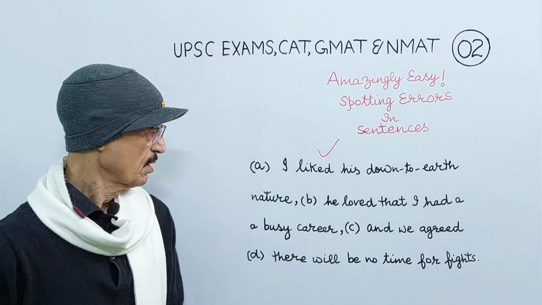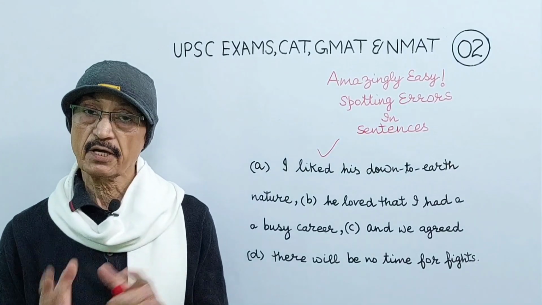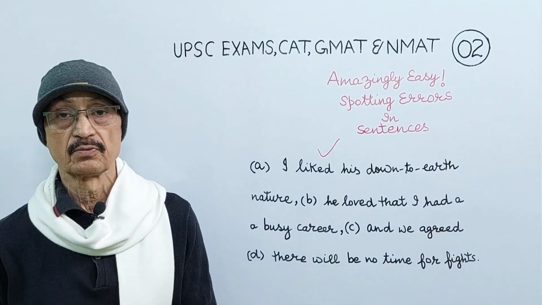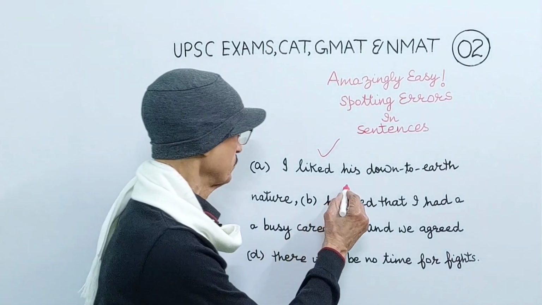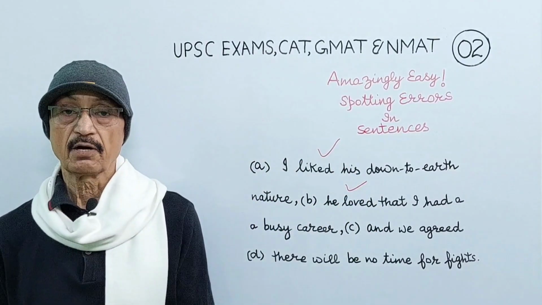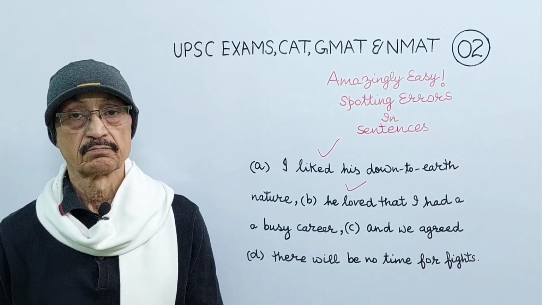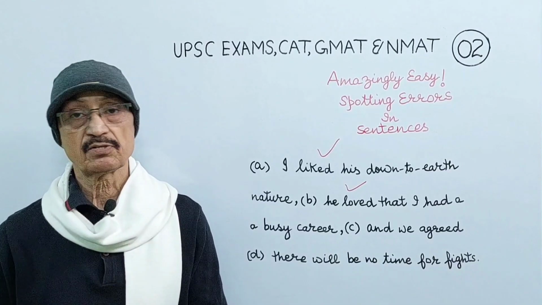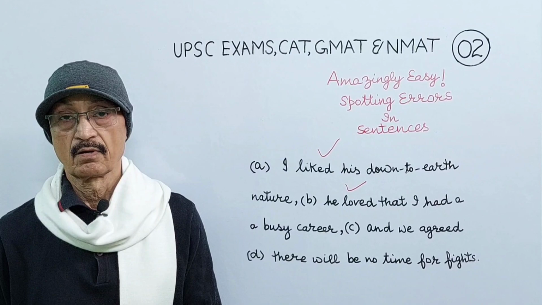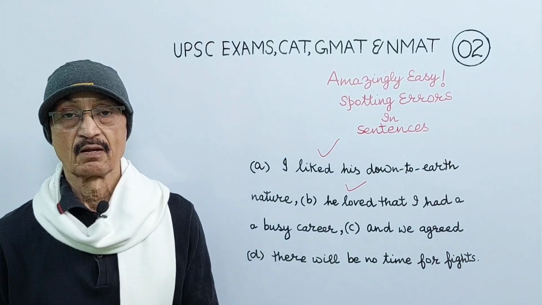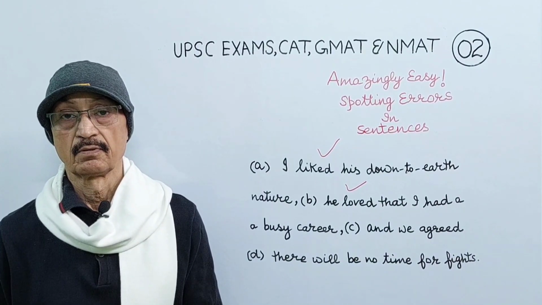Part B, he loved that I had a busy career. Again, simple past tense has been used. There is nothing wrong in part B also. Take part C, and we agreed. Nothing wrong. Sequence of tenses has been maintained. Now it has become clear that part D carries a mistake.